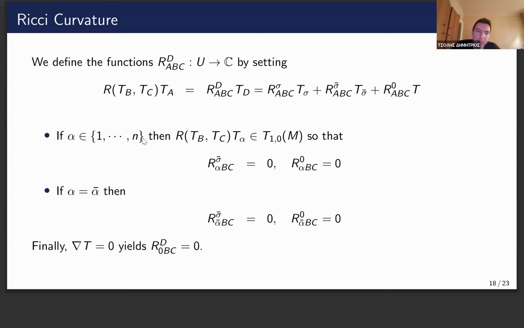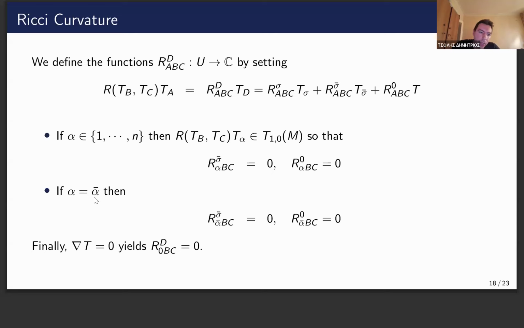And then if alpha is from 1 to n, then we have that this thing is inside this T10 bundle. And in this case, this function will be 0 when we have S bar here, A, B, C, and when we have 0 here, A, B, C. So this will be 0 in this case.